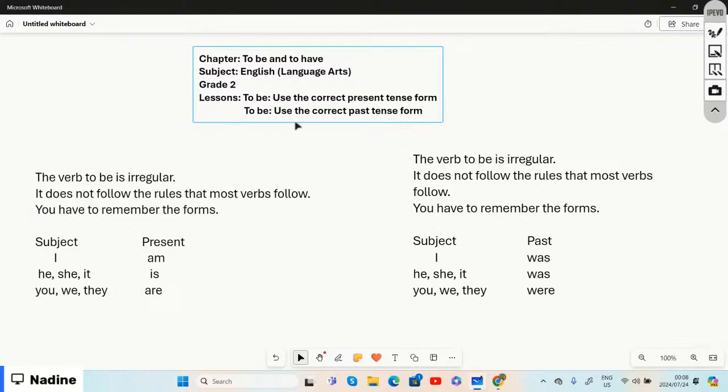And when it comes to the irregular verbs, right, it means that you cannot just, for example, say, okay, we're going to add s, we're going to add es, right? So it does not follow the rules that you must follow for the verbs. You're going to have to remember these forms below.